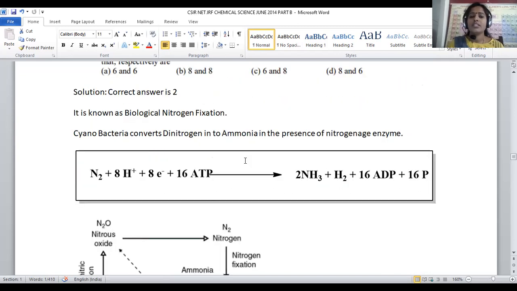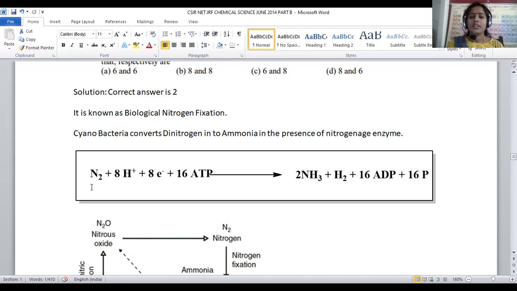So during nitrogen fixation, in step one, what happens? Atmospheric nitrogen gets converted into ammonium. The major component of the atmosphere or air is nitrogen, around 70 percent, and the next level will be oxygen. Plants may not directly consume the nitrogen present in the air.